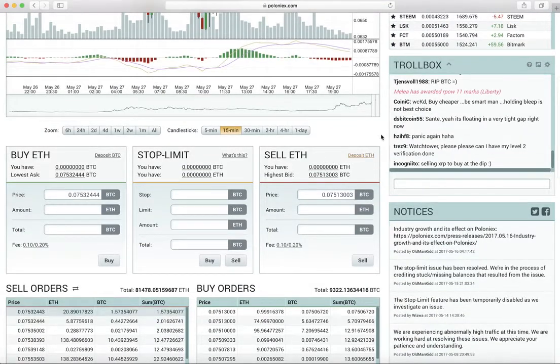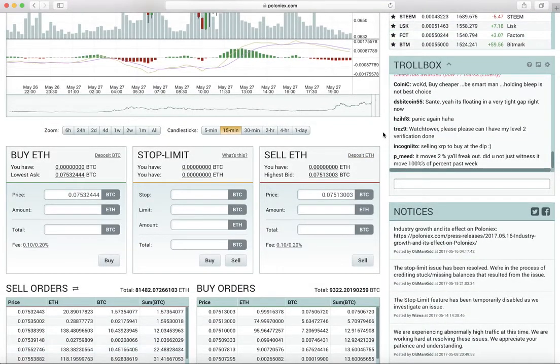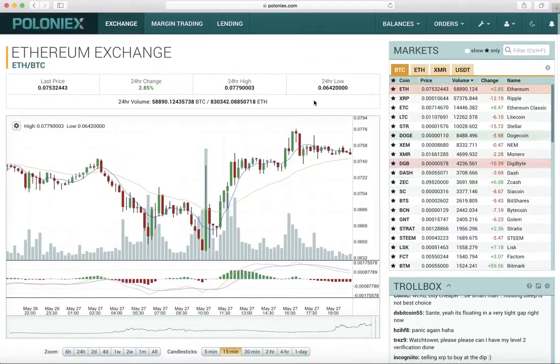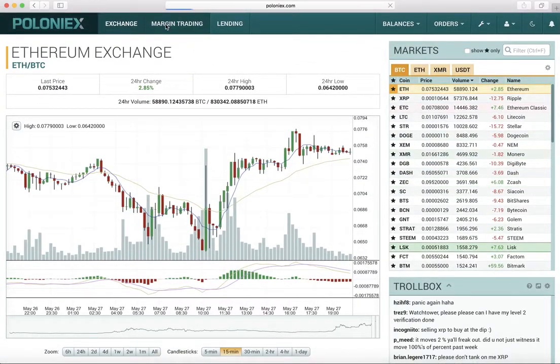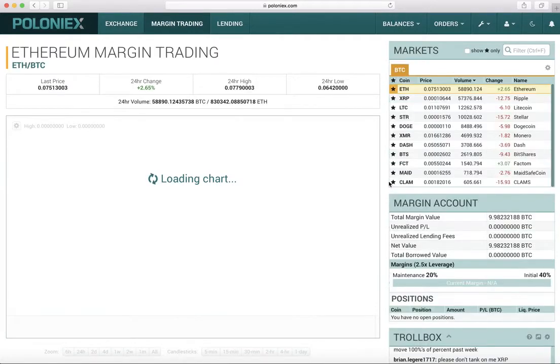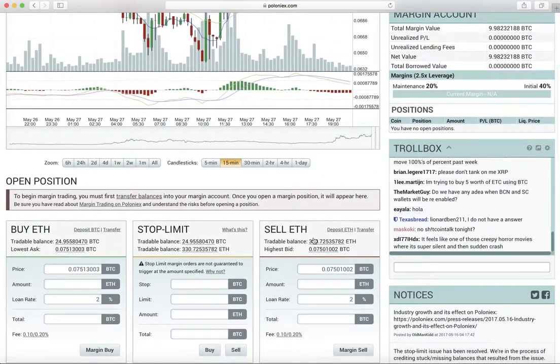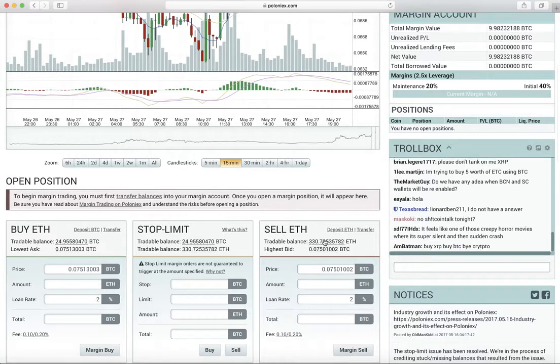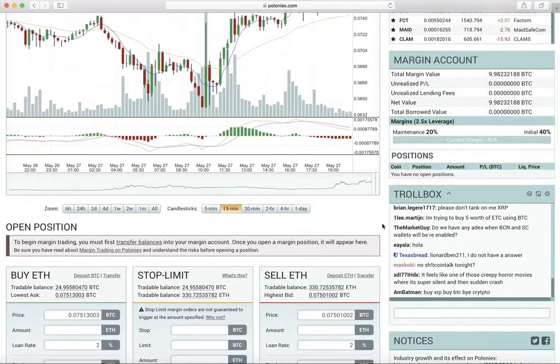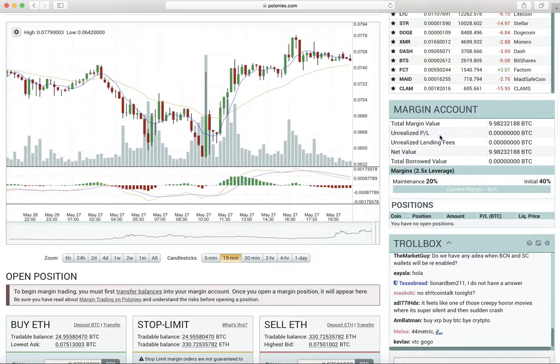0. So the cool thing about margin trading is you can borrow Ethereum and sell it if you think it's going to drop. So I go over here and I am able to sell up to 330 Ethereum. I don't ever want to do that because it's too risky. If it moves, they'll liquidate my position.